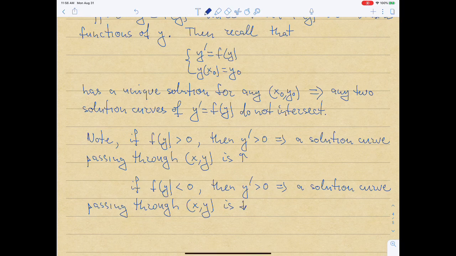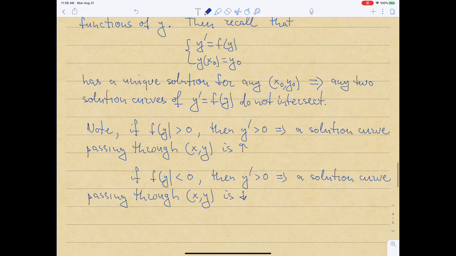So remember that x really doesn't matter. So as long as f of y is less than 0, then if my curve passes through an altitude y, then the solution curve must be decreasing. So let me rephrase this again.